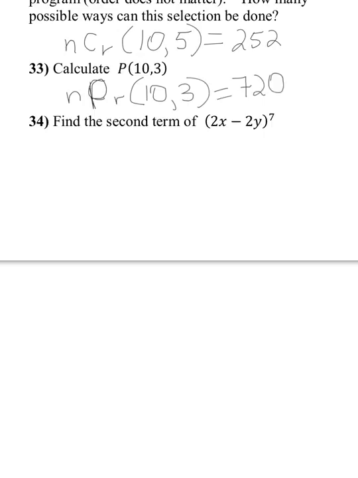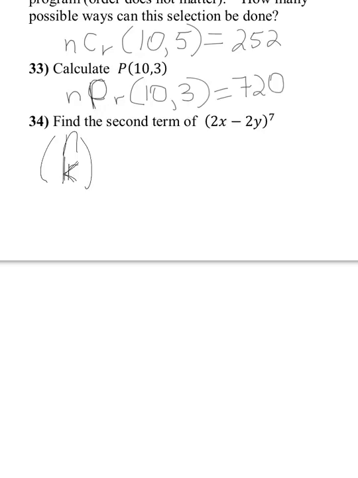Okay, problem 34, we're going to find the second term of 2x minus 2y to the 7th power. And you just need to look on your formula chart for your binomial expansion formula. This is going to be nCr or nCk, I think it is, on your formula chart.